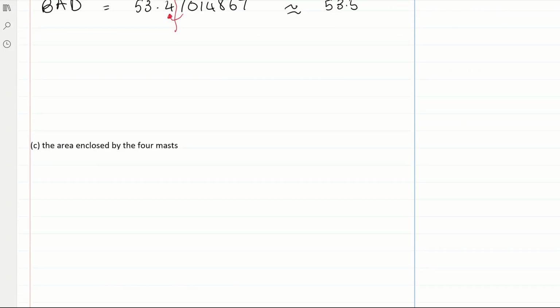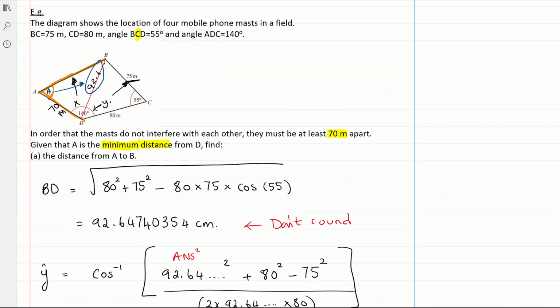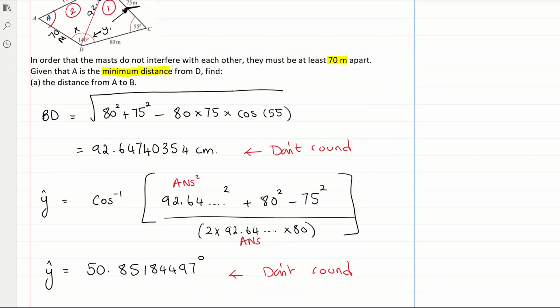Then it says, find the area enclosed by the 4 masts. That means I want to find the area of the whole quadrilateral, and the quadrilateral has 2 triangles, triangle 1 and triangle 2. I've got the angle here enclosed between the 2 sides. So I'm going to find triangle 1, area 1.